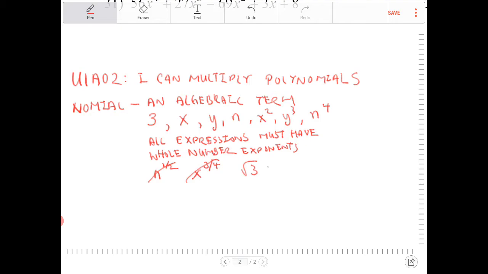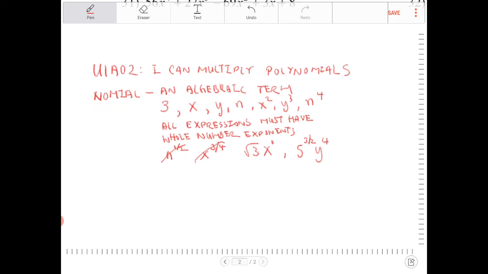It could be rational, it could be irrational, it doesn't matter. It's just the variable portion of it that has to be a whole number exponent. So it could be square root of 3 times x to the 0. It can be 5 to the 3/2, y to the 4th, and that would be okay. That would still be considered a nomial.